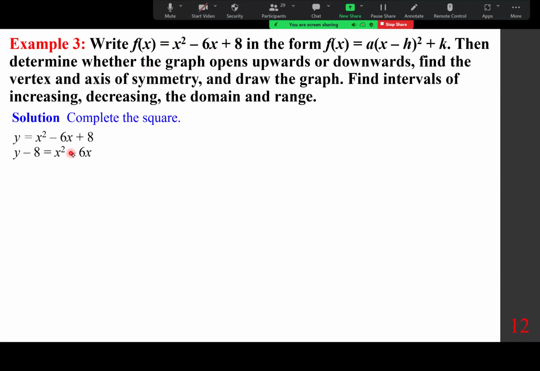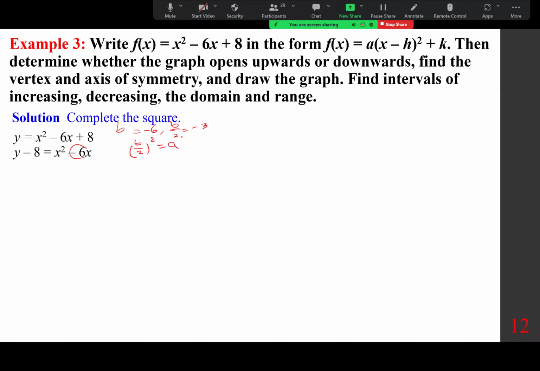So work on this one by adding a number to complete the square. So that means b is negative 6, divided by 2 is negative 3, squared is 9.